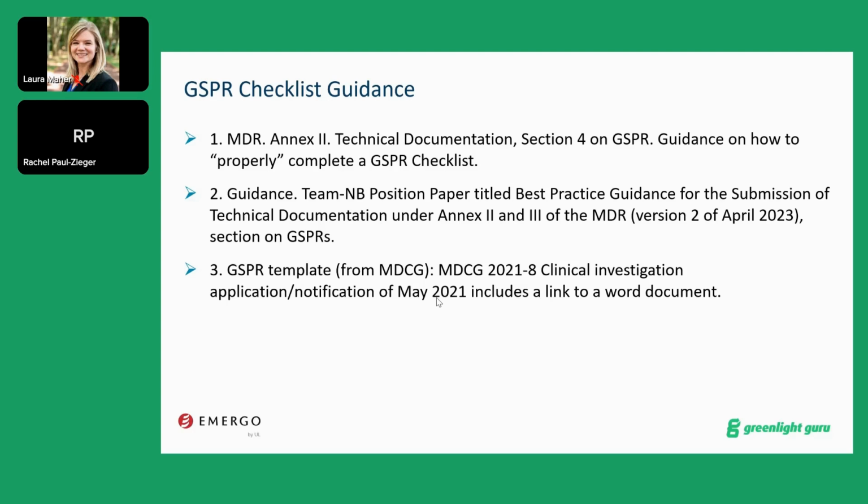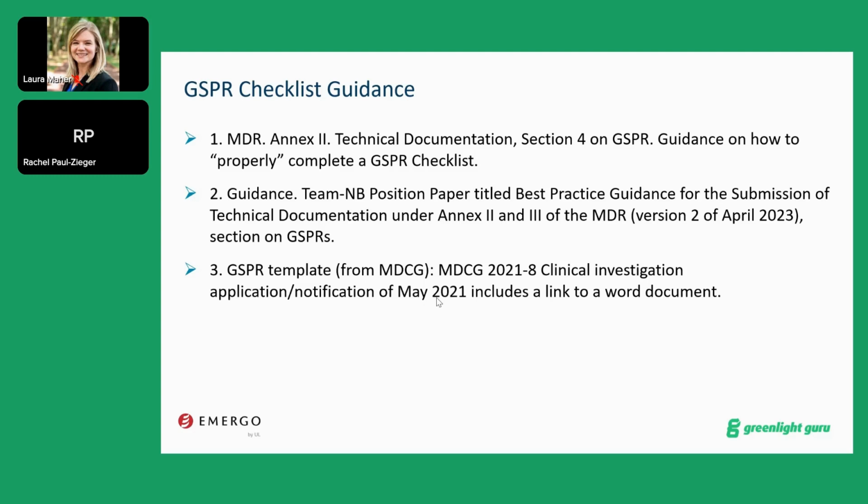You also have a Team-NB position paper titled Best Practice Guidance for the Submission of Technical Documentation under Annex 2 and 3 of the MDR. It's version 2 of April of this year. And you have a section on GSPR. So this may be helpful.